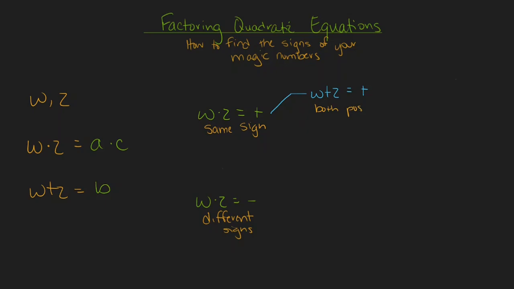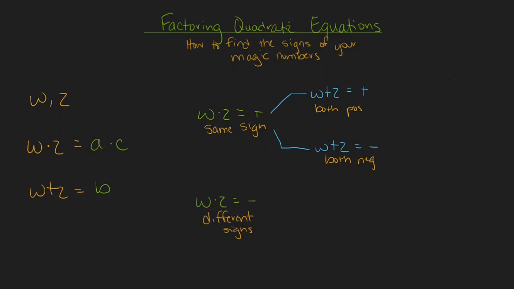That's because if they share the same sign, which we know from their product, the only way I can add two numbers with the same sign together and end up with a positive result is if both of those numbers were positive to begin with. On the flip side, if w and z add together to a negative number, that tells us that both w and z are negative.